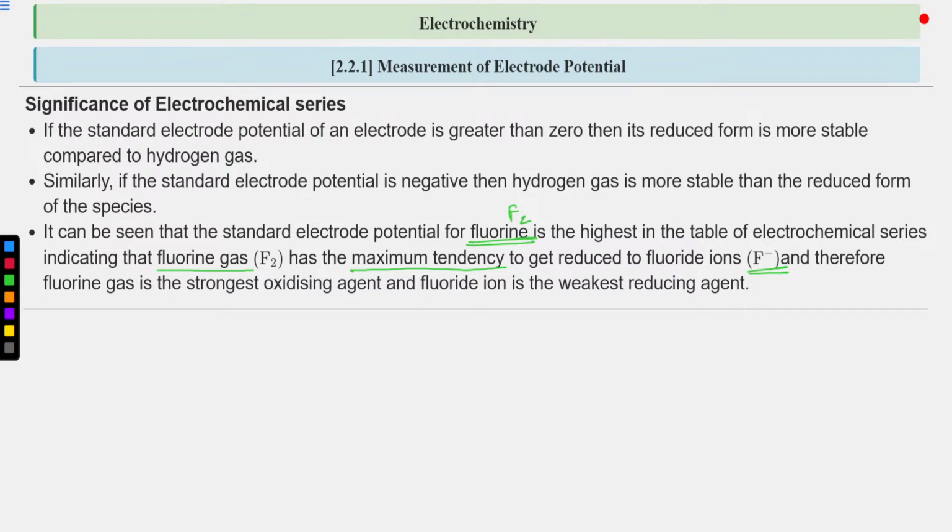Therefore, fluorine gas is the strongest oxidizing agent because it can oxidize others and get reduced itself, and the fluoride ion is the weakest reducing agent. Weakest reducing agent means it can only weakly reduce others and get oxidized itself. Okay, so this is the explanation which we give after seeing the electrochemical series.